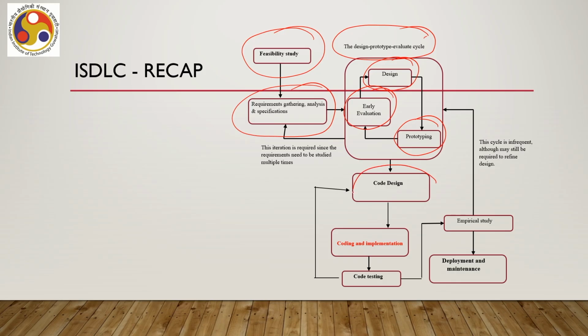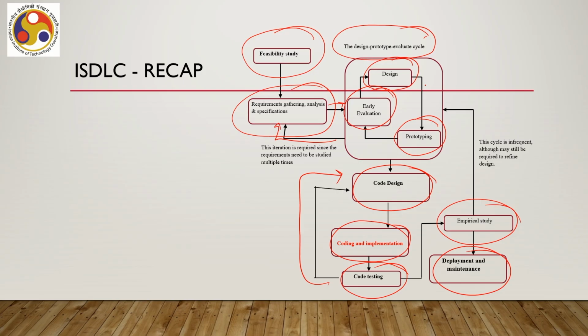This is followed by the code design stage, followed by coding and implementation, followed by testing of the code, followed by empirical study or usability study, followed by deployment and maintenance. Also, there are several loops as we have repeatedly discussed, so I will not go into the details of those.